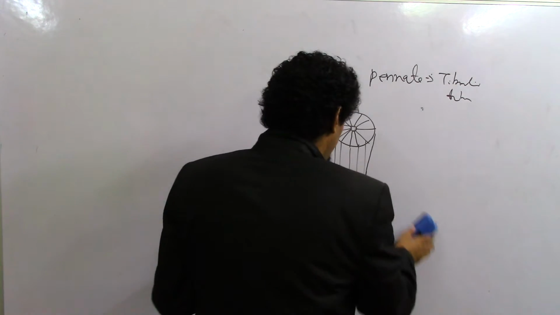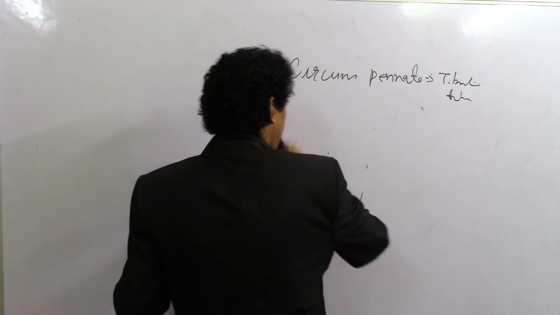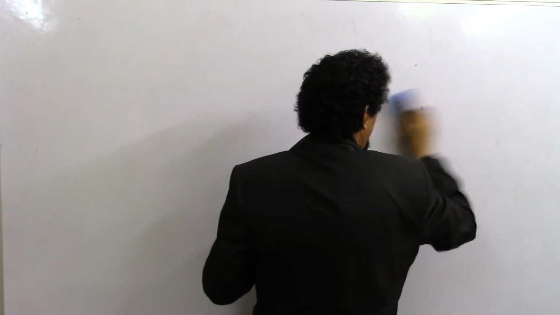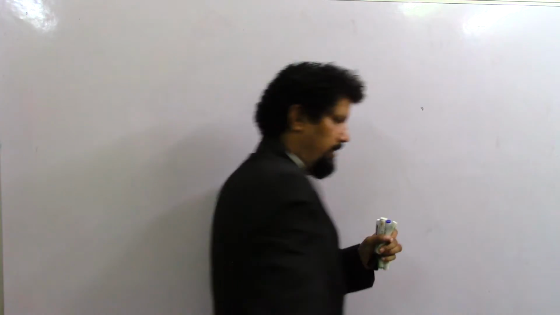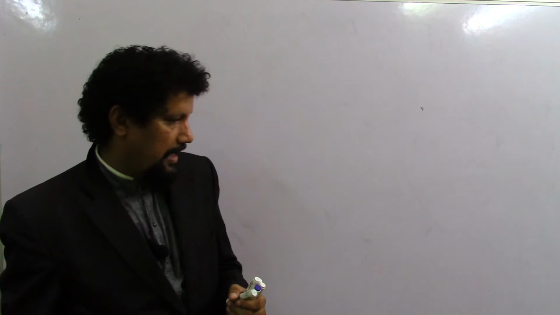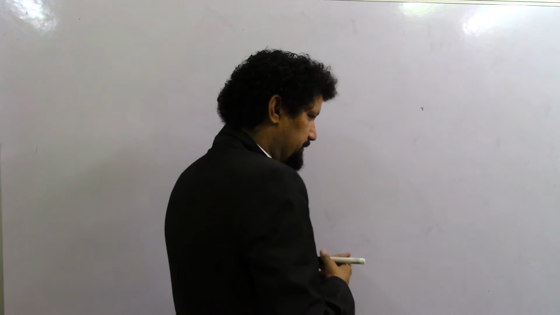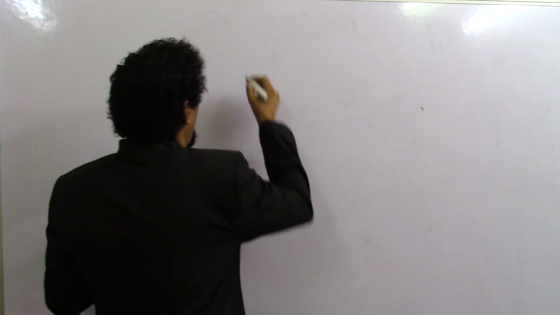Now the classifications or the names of the muscles. There are different ways to classify the muscles, or I can say to the nomenclature of the muscles according to location.